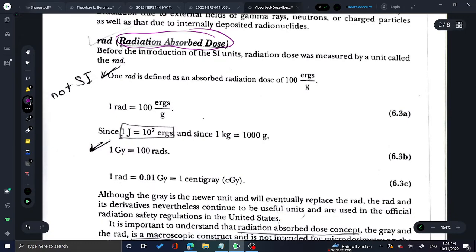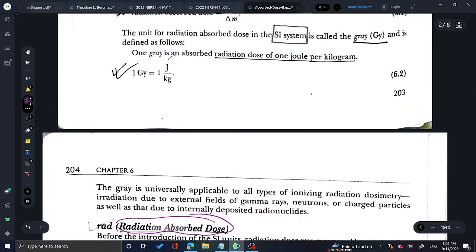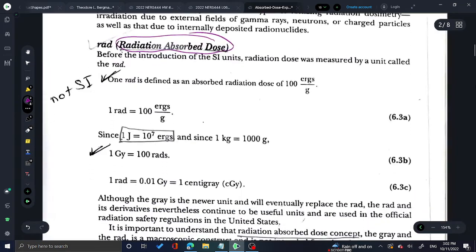Okay, now if you do a simple calculation, if you convert ergs per gram to joule per kg, which was the unit for gray, then you find a relationship between rad and gray, which is shown here. So 100 ergs per gram, we have to convert this into joule per kg, right?